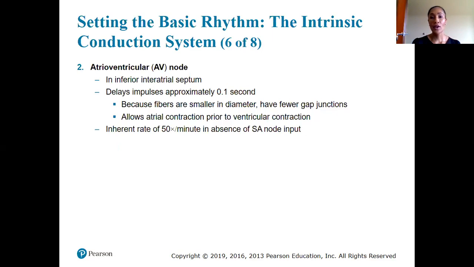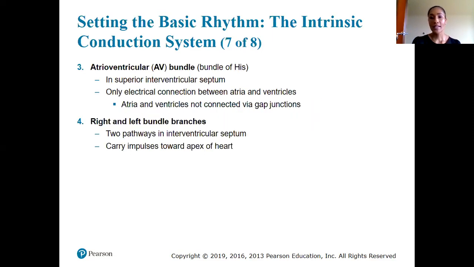But the AV node will only generate about 40 to 50 impulses per minute if the SA node is not working. So obviously, anyone that has a heart rate around 40 or 50 beats per minute, that's a very, very low heart rate. It's not sustainable, but it's enough to where the heart's going to keep pumping, and in hopes that you can get to a hospital and figure out what's wrong and get the problem fixed.